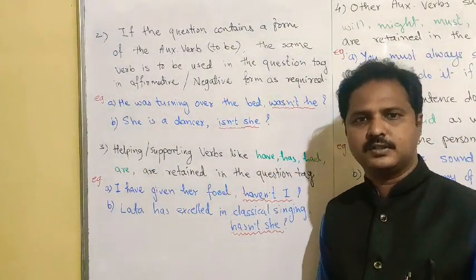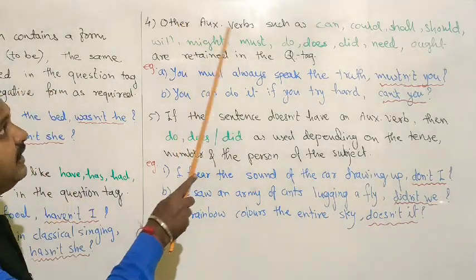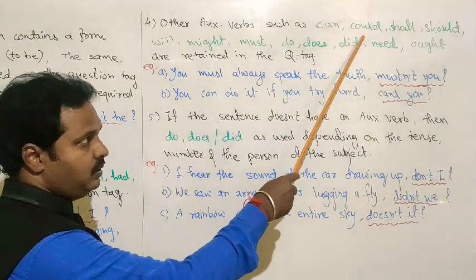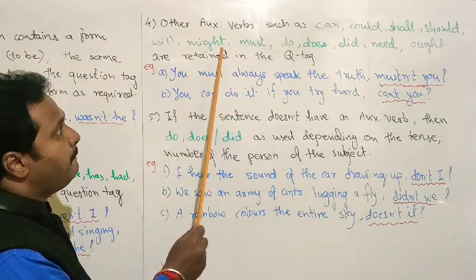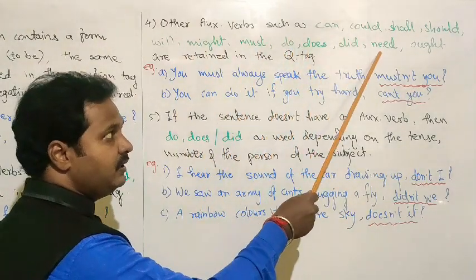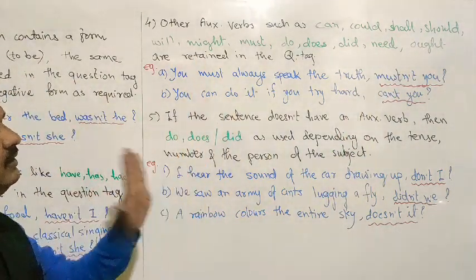Let us see the fourth. In the fourth rule, the other auxiliary verbs such as can, could, shall, should, will, might, must, do, does, did, need or ought are retained in the question tag.